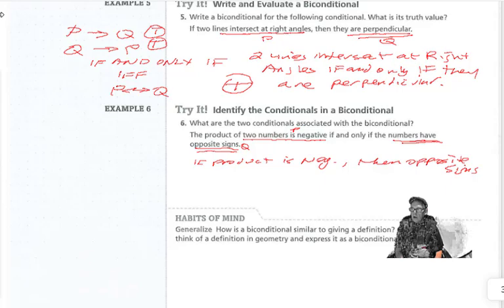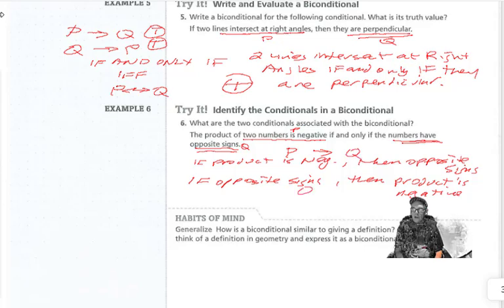Or we could write: if opposite signs, then product is negative. So we wrote it both ways. This is the P Q way, this is the Q P way. And this original one with the if and only if looks like this: P double arrow Q. I can't make those double arrows.